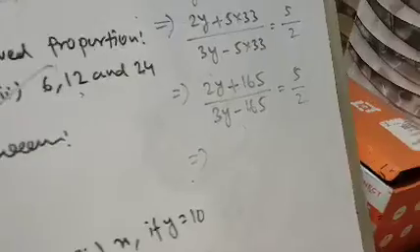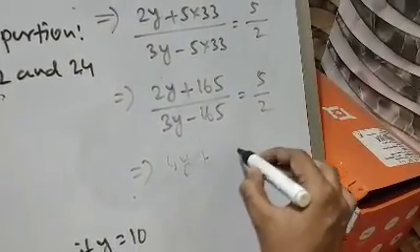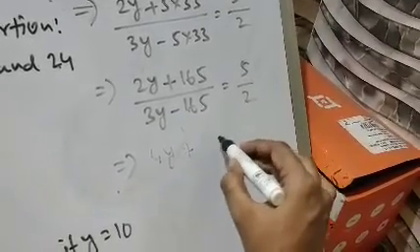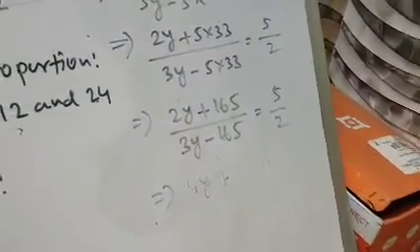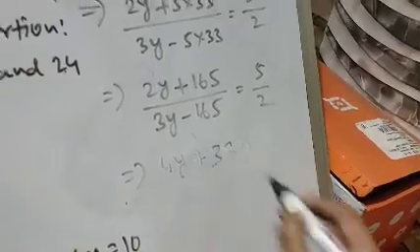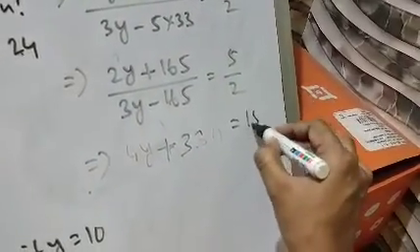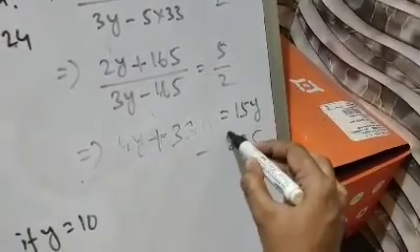Therefore cross multiply. So 2 into 2y, 4y, minus 2 5s are 10, carry 1, 2 5s are 10, carry 1, 2 6s are 12, 1 are 13, 2 3s are 6, so 330. It is equal to 15y minus 825.